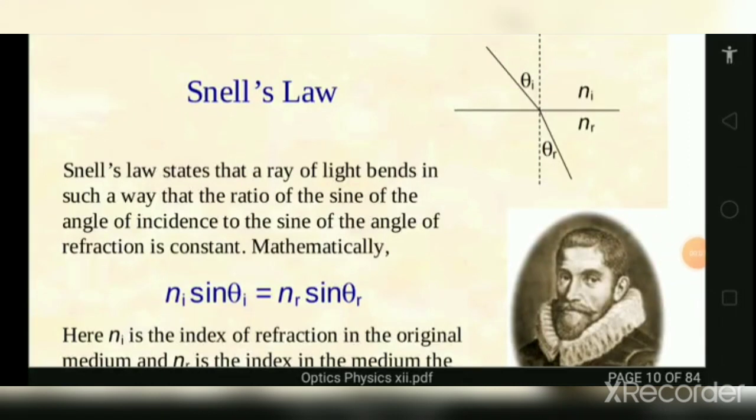Snell's law is one of the important laws when you are dealing with refraction.